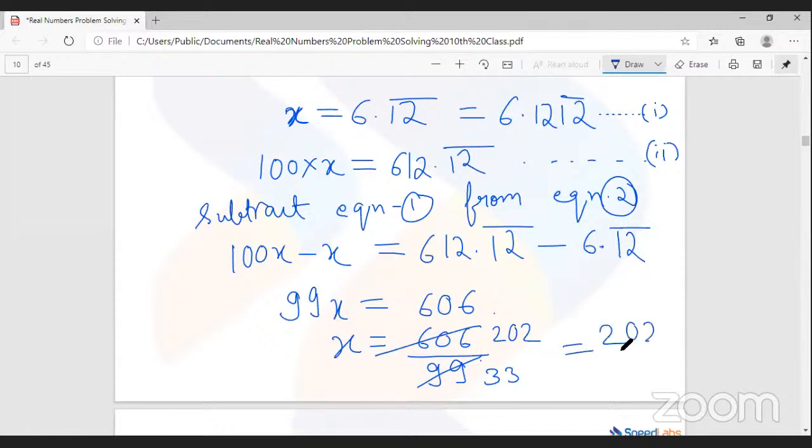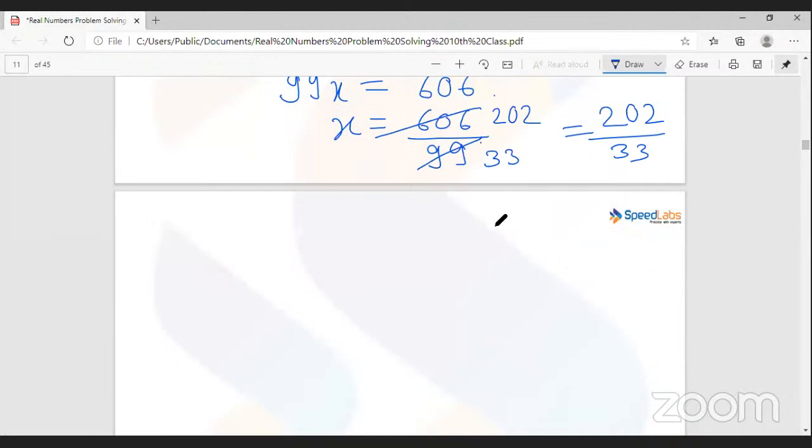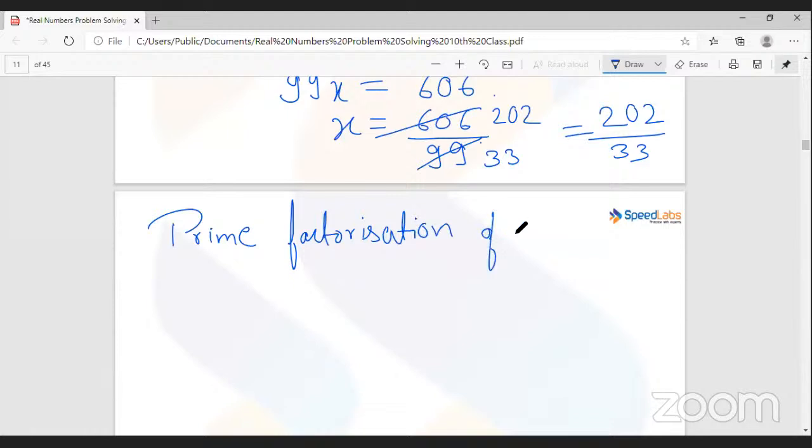So what we got here is 202 by 33. So the denominator is 33. So the prime factorization of the denominator will be 3 into 11.